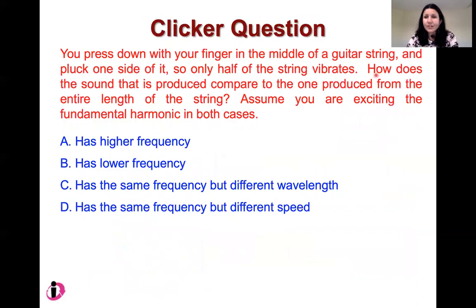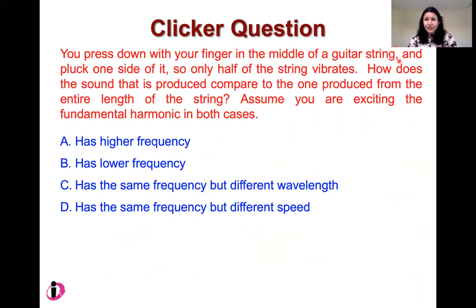All right, so here's a couple of questions I want you to think about. Again, if you're watching this video, you should pause and read through it and think about it, but let me read it for you now. Here, you press down with your finger in the middle of a guitar string.